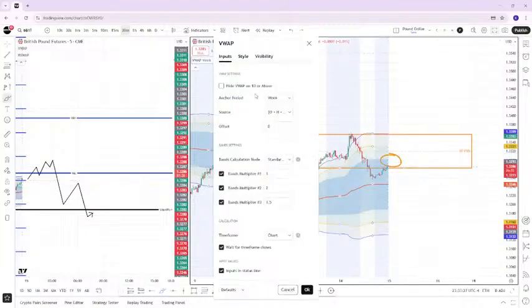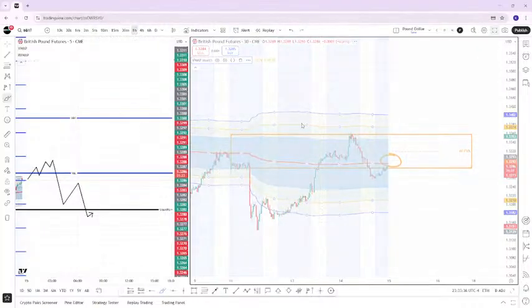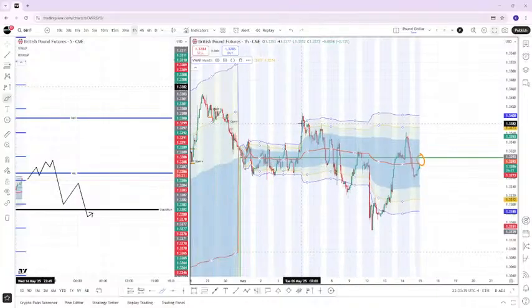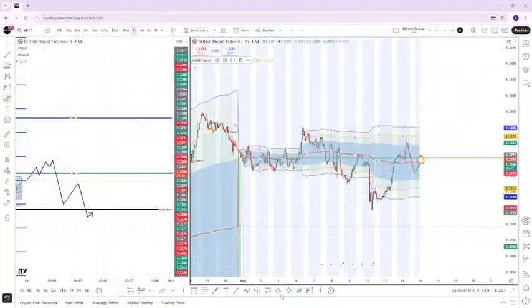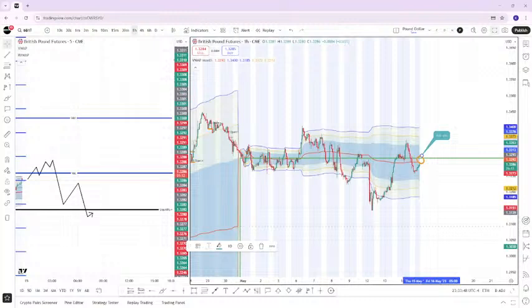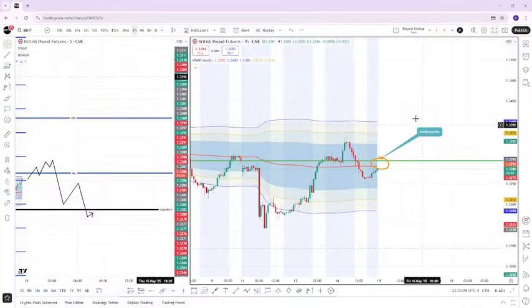Switch over to monthly. I can see, let's mark that, that there was weekly EVA slash DVA was somewhat of an overlap.